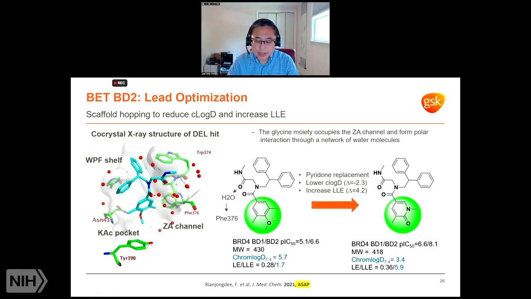So in this case, using the same approach, we replaced this moiety with a dimethylpyridone fragment. We arrived at this compound, with much improved potency, a big jump of 2 log improvement in terms of potency, and 4.2 increase in lipophilic ligand efficiency.